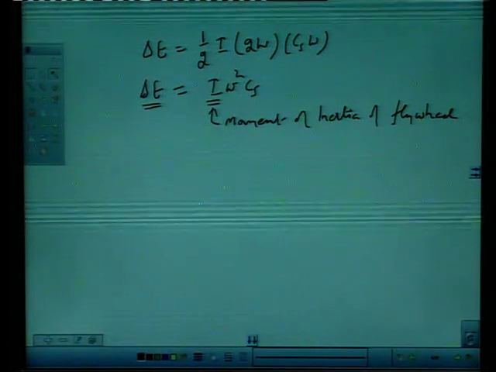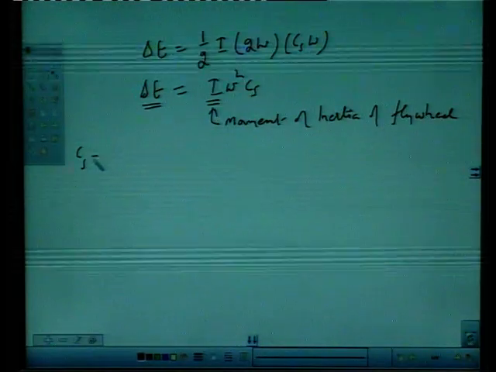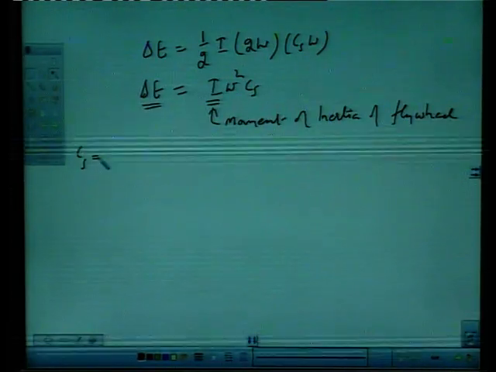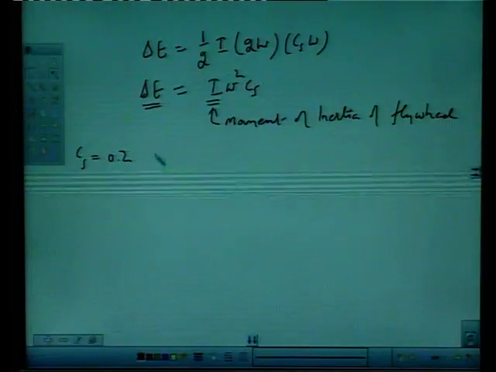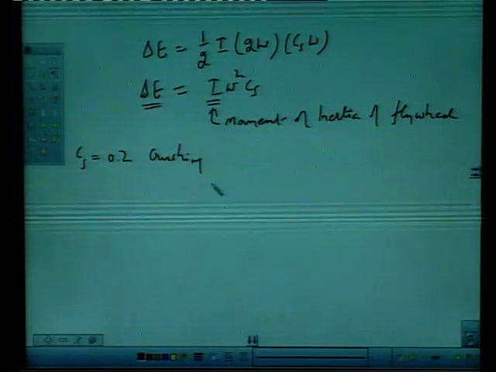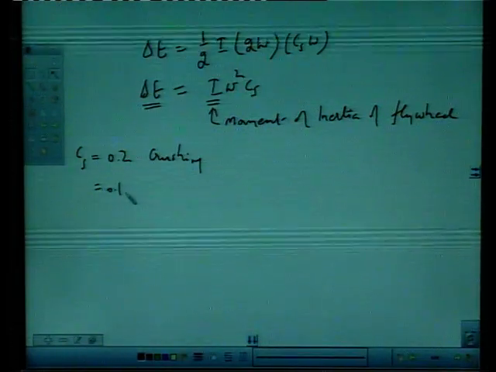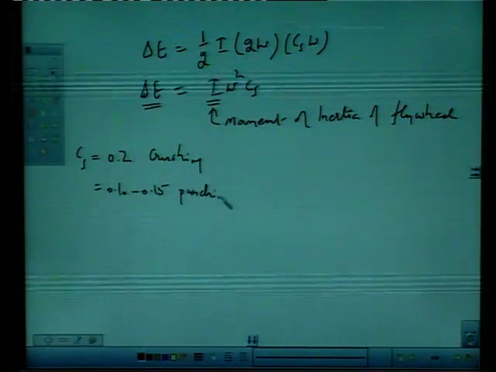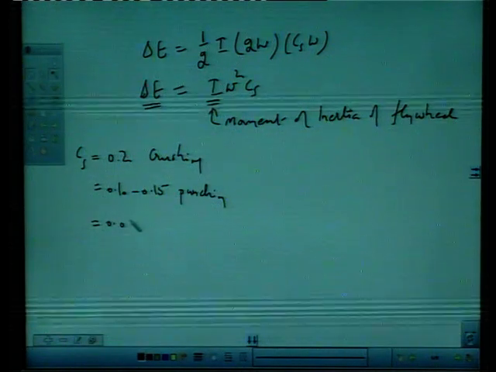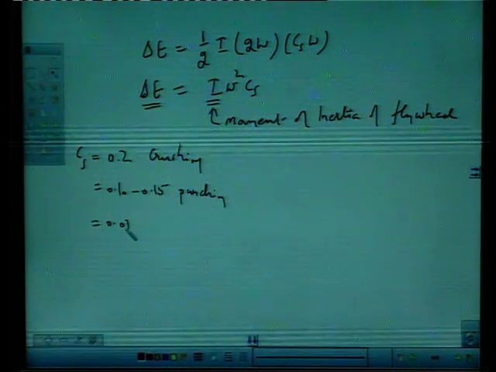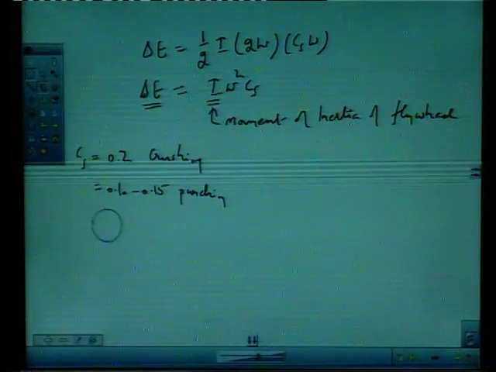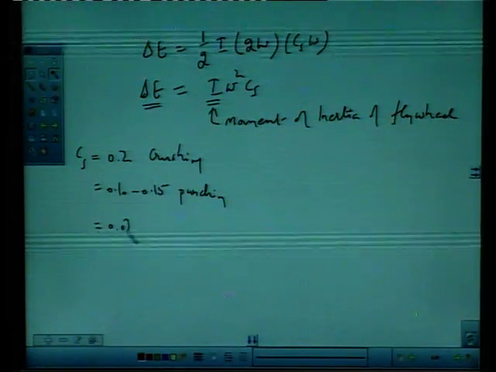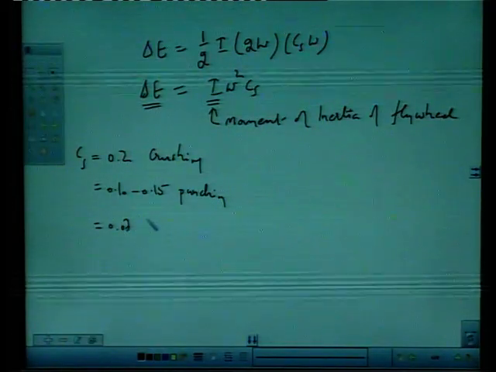Now, coefficient of fluctuation of speed could vary between: this is 0.2 in case of crushing machine, it is 0.10 to 0.15 for punching operation, and whereas its value is 0.03 for IC engine.